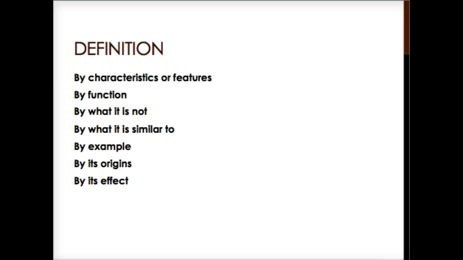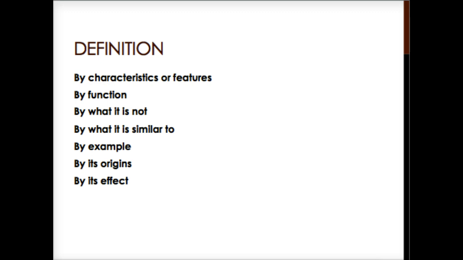How something works or what it does can be an important part of the definition. By what it is not. Ironically, we can get a pretty good sense of what something is like by learning what it is not or what it is lacking. What it is similar to. Comparison and analogy help us understand things that are unfamiliar to us. So you can see how this definition can connect to the other patterns of development.